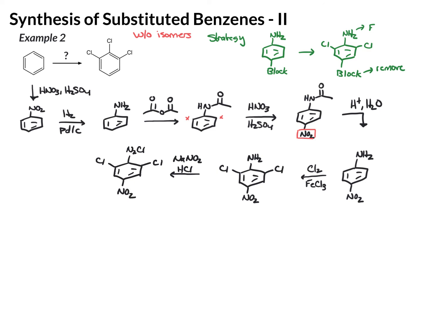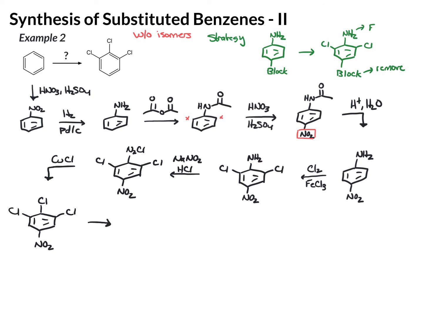And then I can convert this to a chlorine using copper chloride. Now I have the three chlorines where I want them. I just need to get rid of that nitro group. How can we do that?